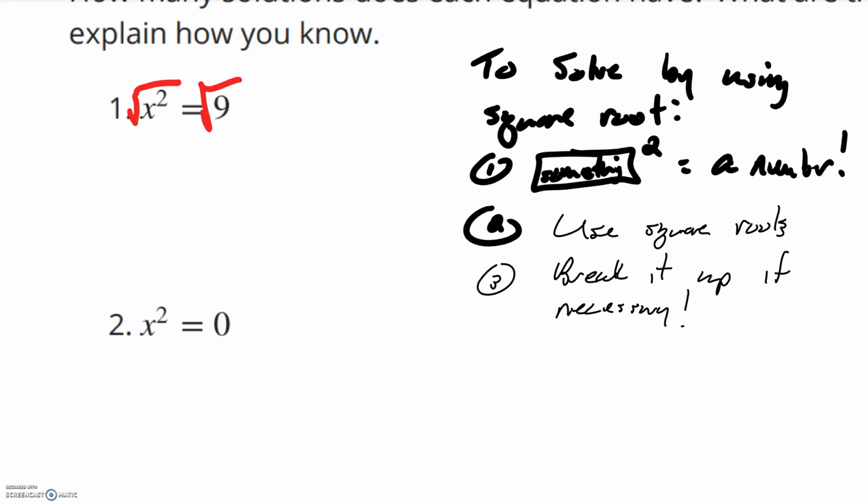Just like when you add, subtract, multiply or divide on both sides, you do what you do on one side on the other. The reason I'm taking the square root is because it is the inverse of squaring, so it undoes squaring. So I'm left on the left-hand side with just an x. And on the right-hand side, we have to think, what's the square root of 9?